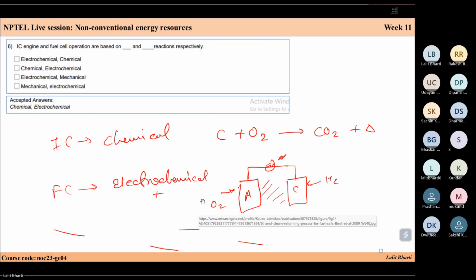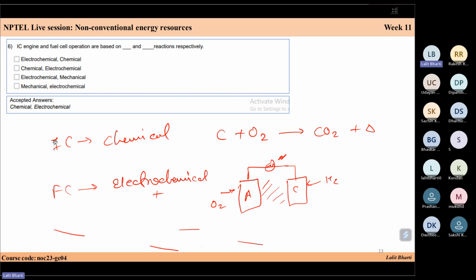Then we have the next question on the IC engine, meaning the internal combustion engine, and the fuel cell. The question is: IC engine and fuel cell operation are based on blank and blank reactions respectively. So we need to see what the IC and the FC, meaning fuel cell, are. IC is the internal combustion engine.